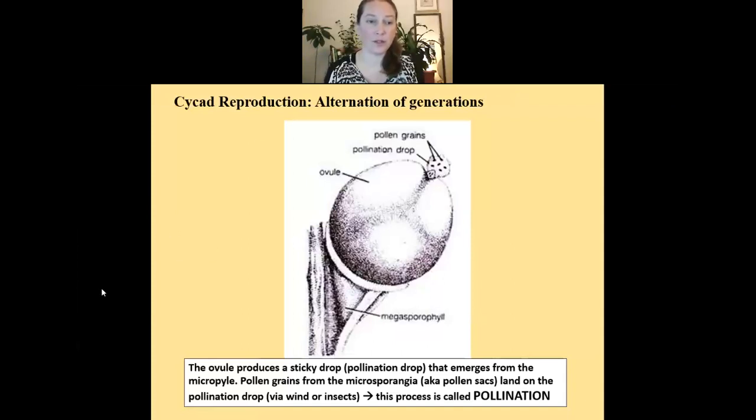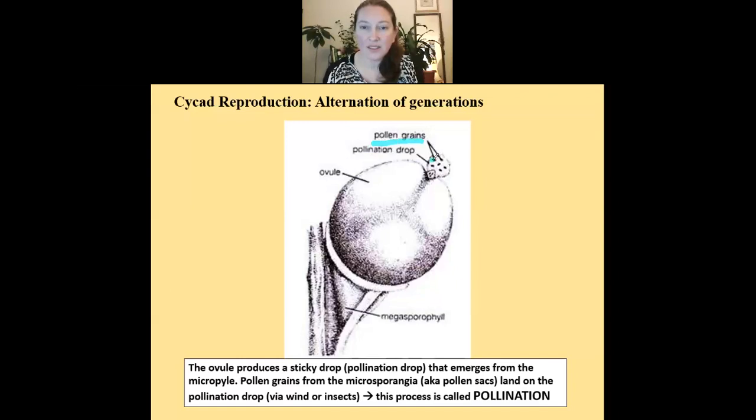Here's pollen grain. So it says pollen grains.